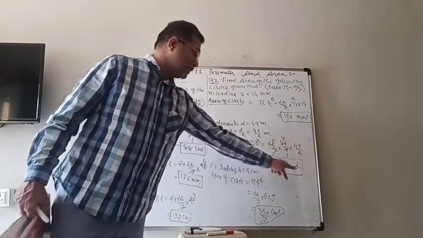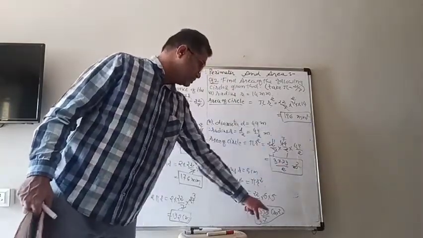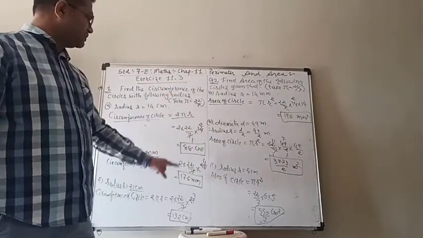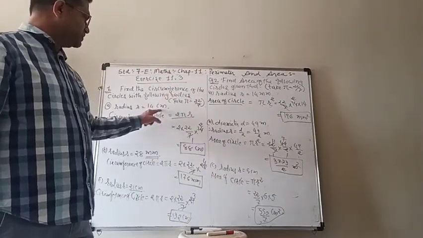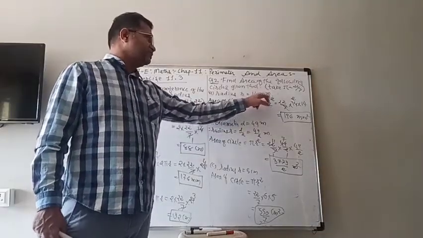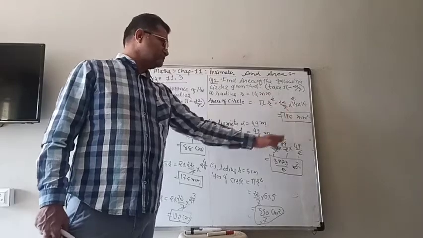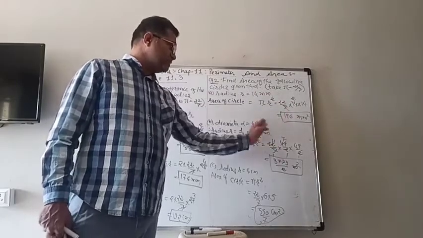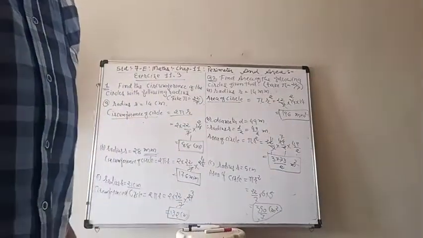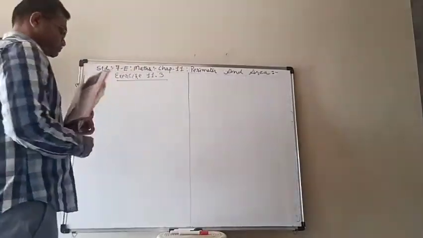And don't forget to write down the unit in each and every answer. In the circumference the same unit will be there, that is of the radius, but in area it will be the square of that unit, means meter, then meter square, centimeter, then centimeter square, millimeter, then millimeter square, and so on.